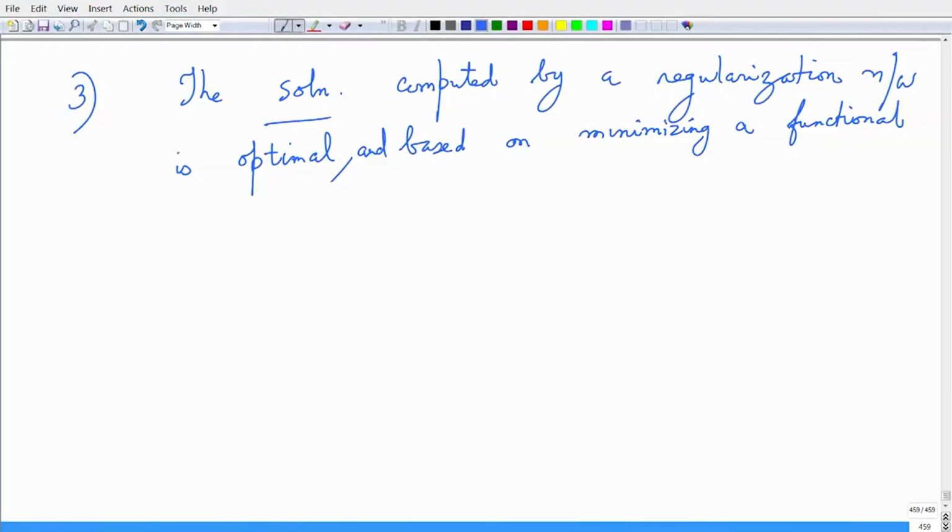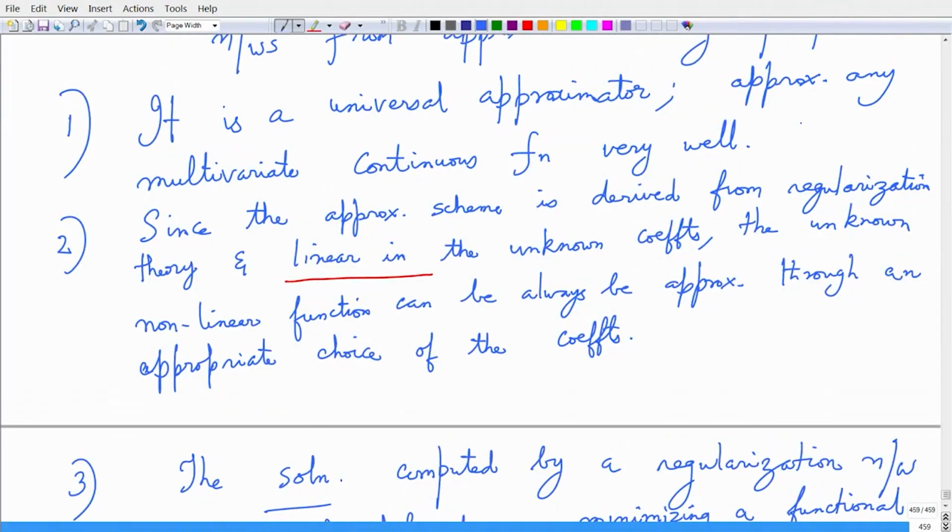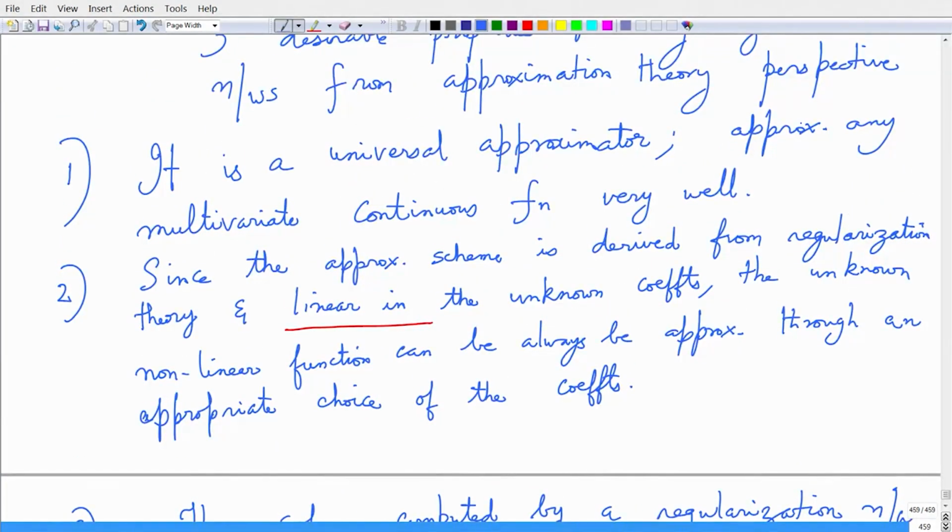Okay. So, I would just recall, one, it is a universal approximator. This is very important, because we saw MLPs as universal approximators. We also saw that RBFs are universal approximators.